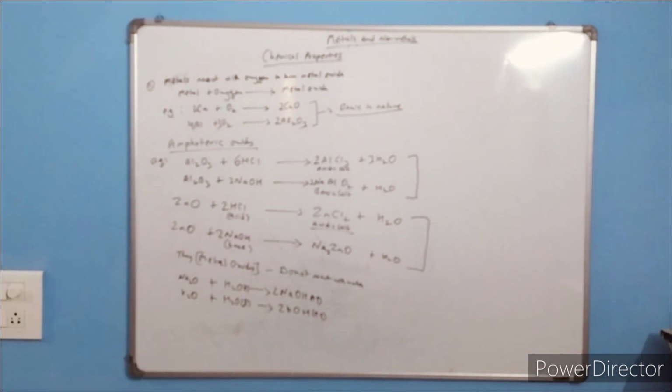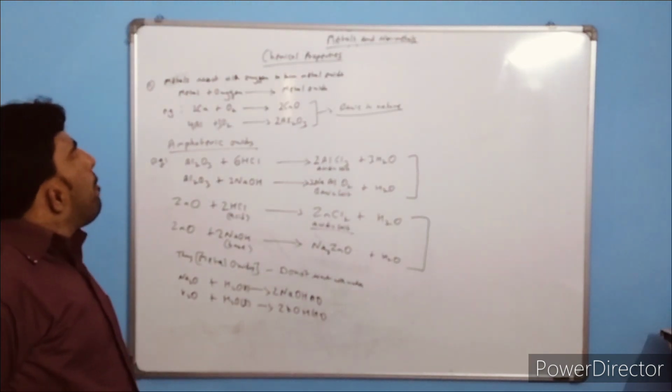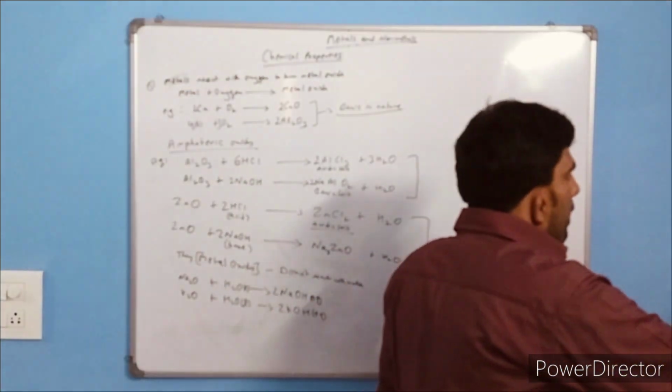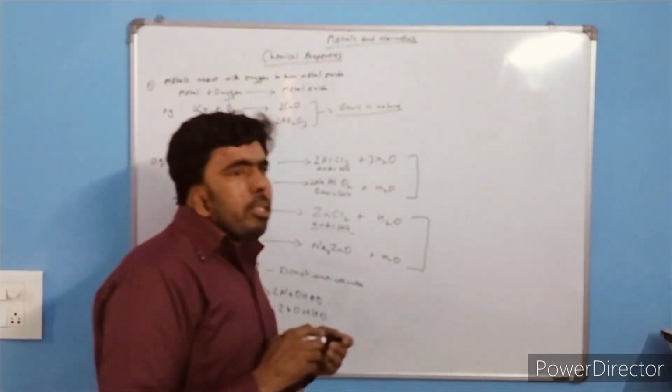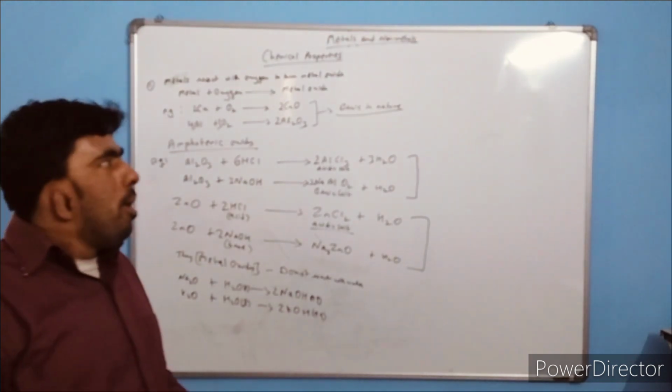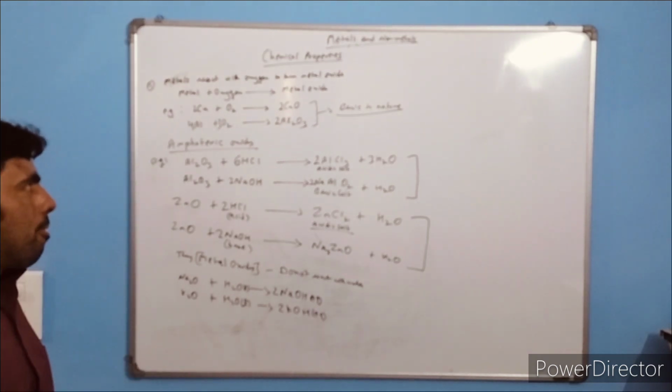So the first property of metals is that they react with oxygen to form metal oxide. Now the next property we'll see. This is the first chemical property of metals: metal reacts with oxygen to form metal oxide.